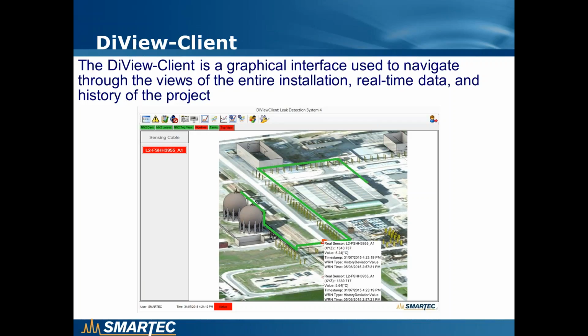Here we have, for example, an overview of a pipeline with a report of the measurement points. Whenever the mouse is close to a measurement point, you will see the report and the status of that measurement point. At the same time, you can also zoom in and zoom out the map to see each measurement point in more detail.